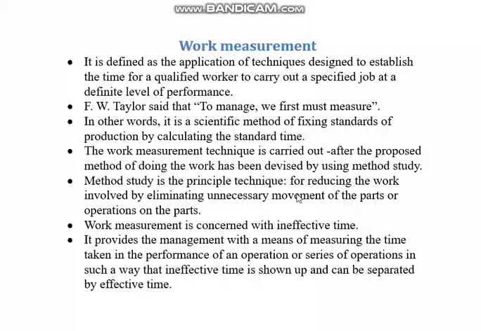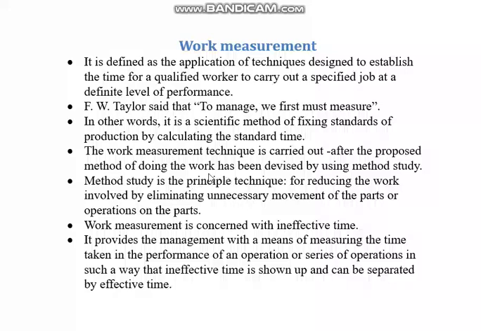You can say that both are reducing the time of working, but the drastic reduction will happen in the method that we are selecting. Work measurement is only concerned with finding out the ineffective time within that method and reducing and eliminating it. So first, method study is the principal thing.